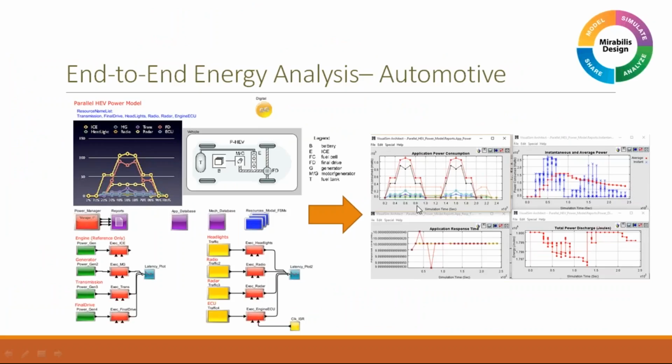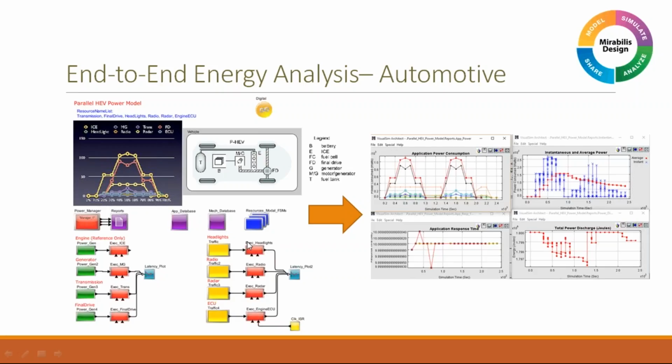And looking at the automotive environment of generating power and looking at the resources that consume the generated power, here we have the models for engine power generation or generators and transmissions and final drivetrain. We also have consumers such as headlights, radios, radar and ECUs.